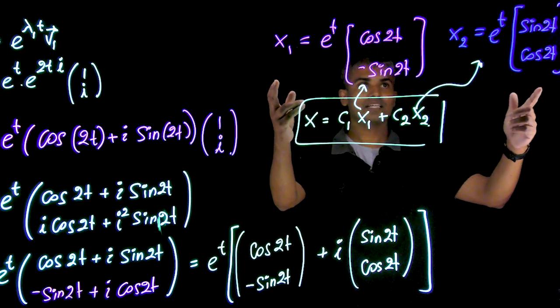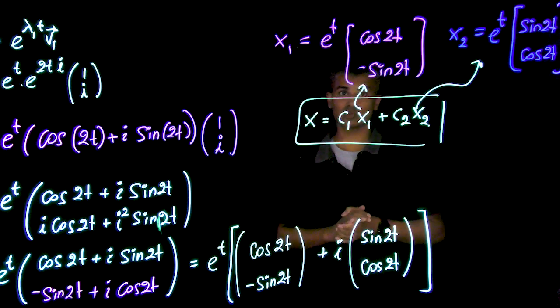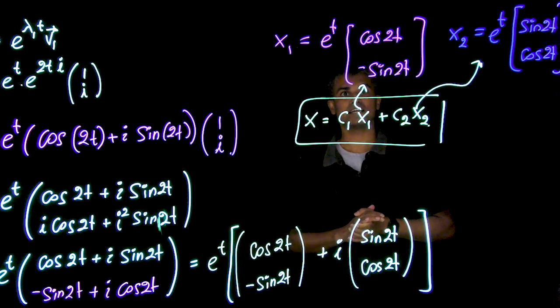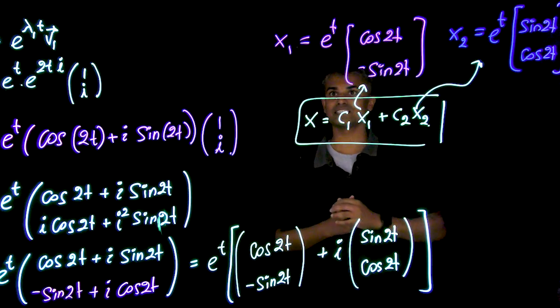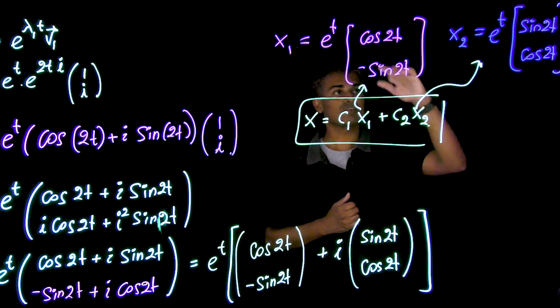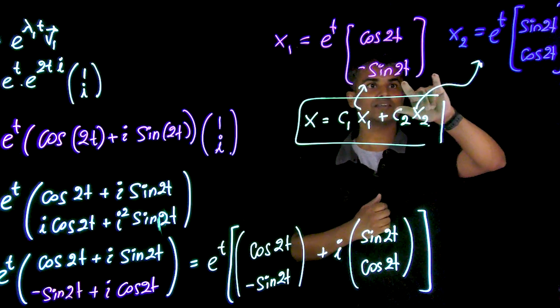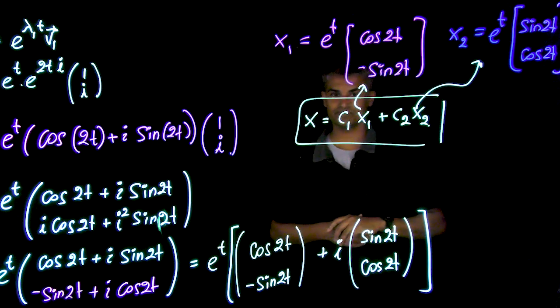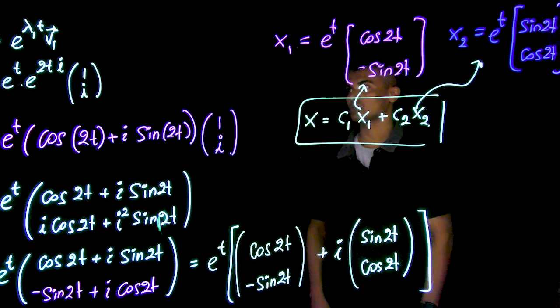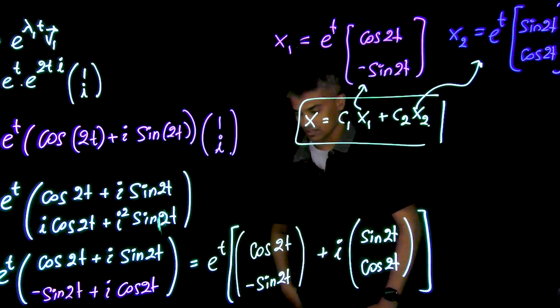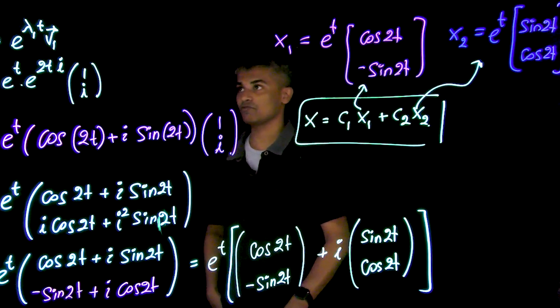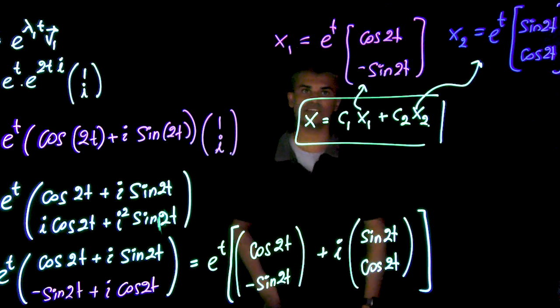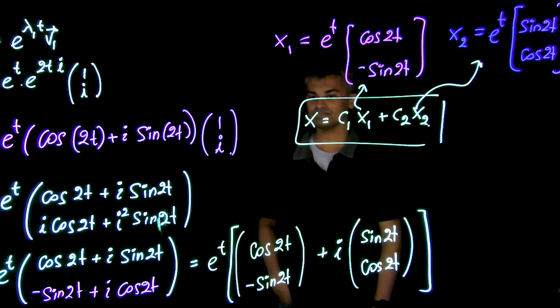And as you can see, these two solutions are linearly independent, and they form the general solution for our problem. Okay. Well, if you want, you can consider the Wronskian to check the linear independence of these two solutions. And this is the way we solve a system of differential equations where we have complex eigenvalues. Okay, thank you.